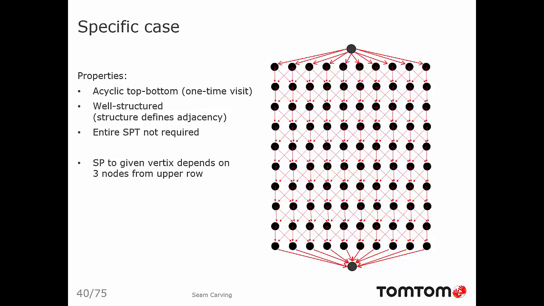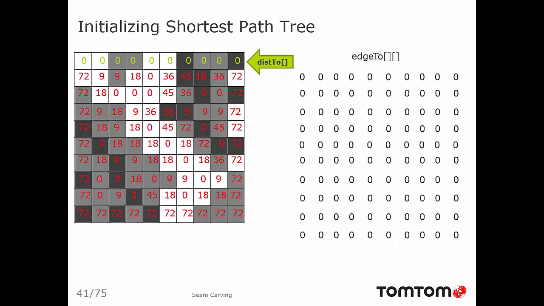And having this, there is one more simplification which we can make. When we know the shortest paths to the three adjacent points, we immediately know the shortest path to this point as the minimum of these three shortest paths. Clear, I hope? It's clear.